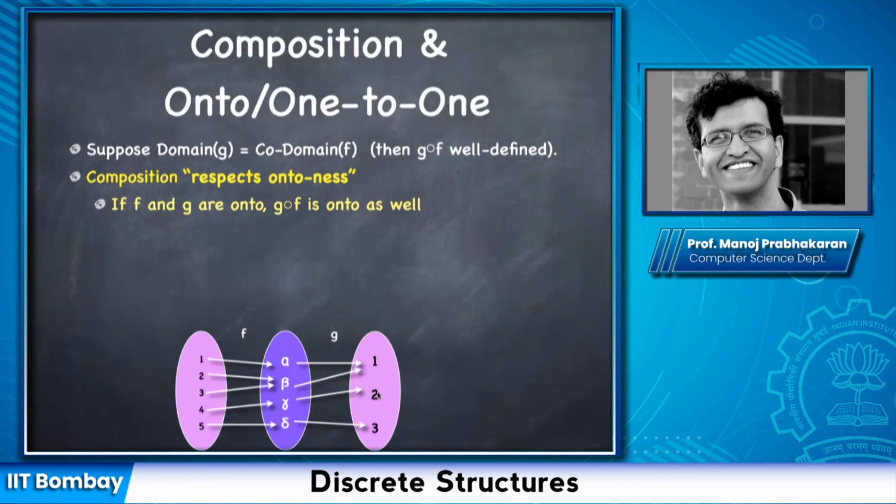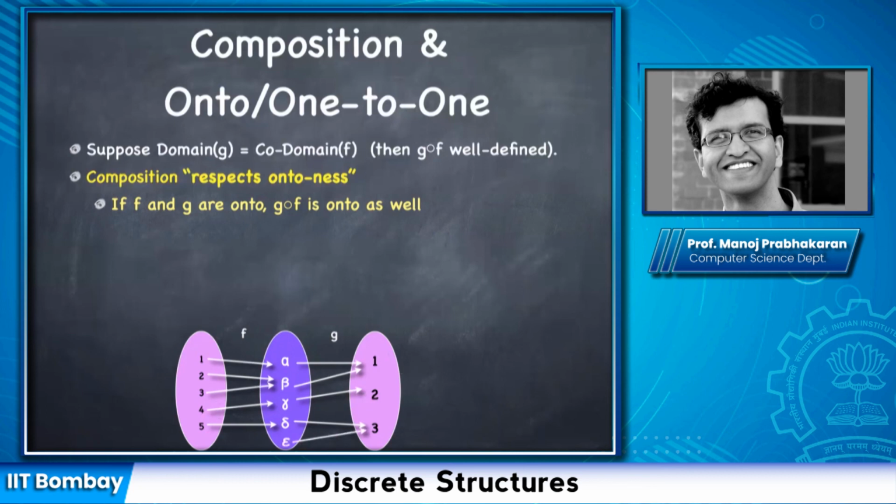Since G is onto, every element here can be reached from some element in G, and since F is onto, that element in G can be reached from some element in the domain of F. So every element here can be reached from some element in the domain of F when you apply G of F. Okay, so that's why G of F is an onto function.